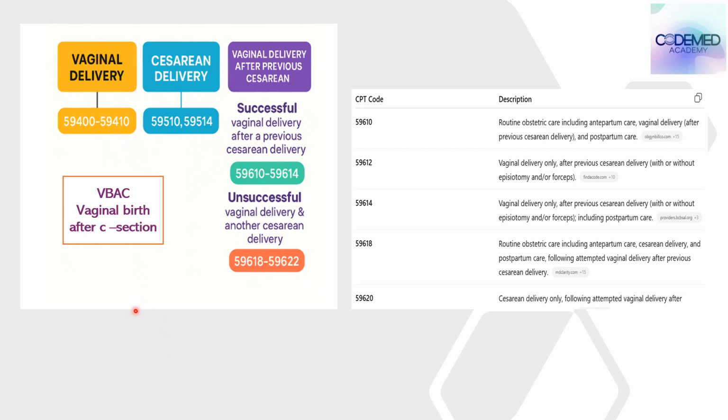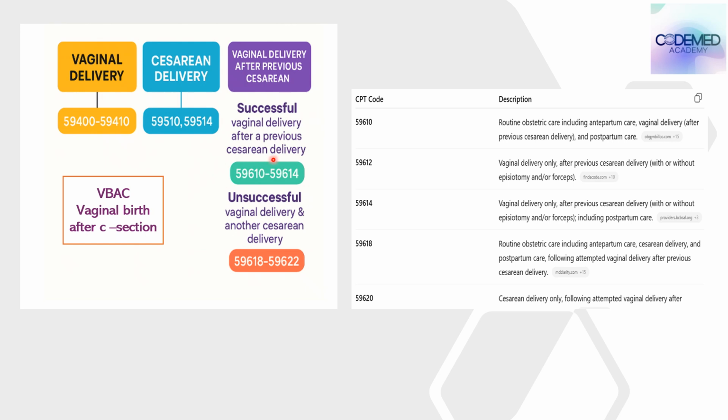Now let us look at the childbirth. How did it happen? If it is by vaginal delivery, we have this code range. If it is by cesarean delivery, we have this code range. And if it is vaginal delivery after a previous cesarean section, which is more commonly called a VBAC, that is vaginal birth after C-section, we have two categories.